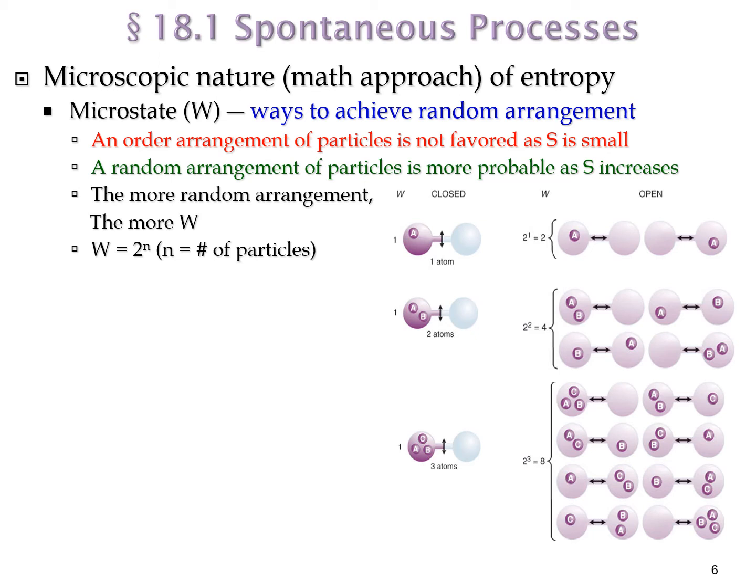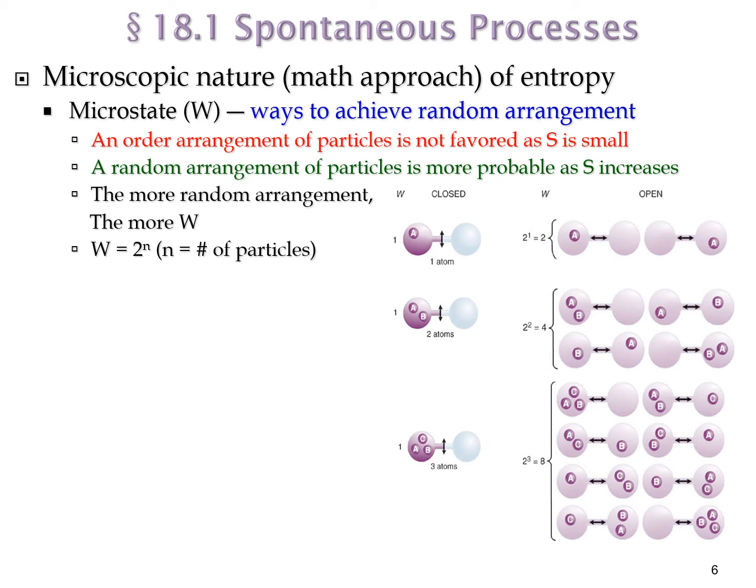That is why in computer science, when we say 1K, that is 2 to the 10th power. What about a mega, a million? That would be 1,000 times 1,000, so in terms of exponents, 2 to the 20th power. A billion, 2 to the 30th power. So the value of W increases exponentially as we increase the value of n.